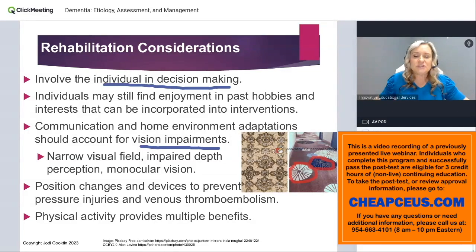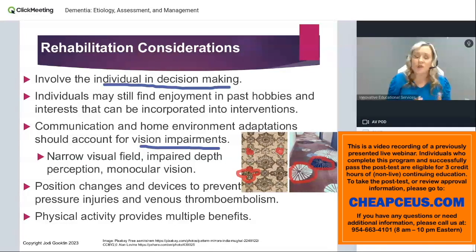Looking at these kind of like shiny spots on this pattern and the dark spots on the floor. Well, is that something that I need to pick up? Maybe the person's falling over because they think that's something that fell on the floor that they need to pick up. They don't know that it's a pattern. If you're looking at that placemat that the person's eating on and it has pretty flowers or an apple or whatever it is, well, maybe they're trying to pick up that apple to eat it. That could be frustrating and confusing for that individual.